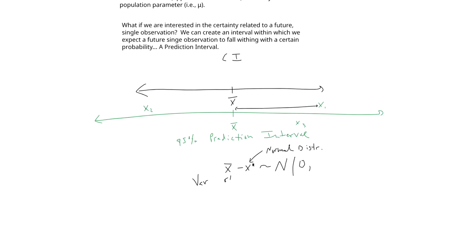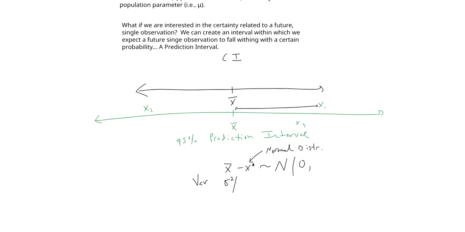That's the standard error. And then the variance of x, if it comes from that normal distribution... sorry, I got these wrong here. This is the standard error, the standard deviation of x bar. So the variance is going to be sigma squared over n. And then the variance of x is going to be sigma squared.